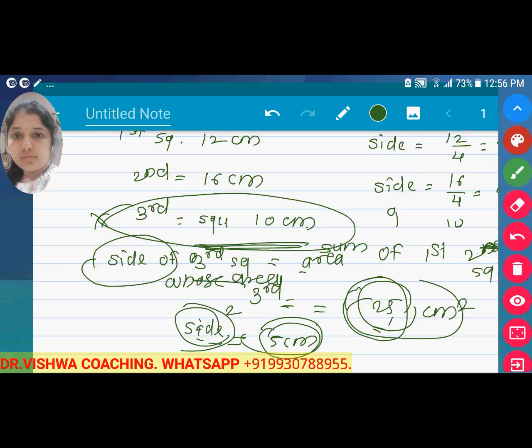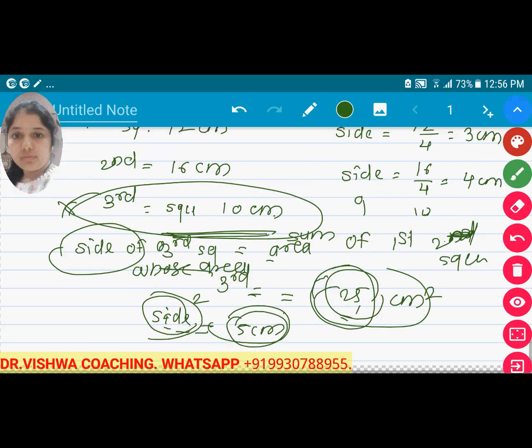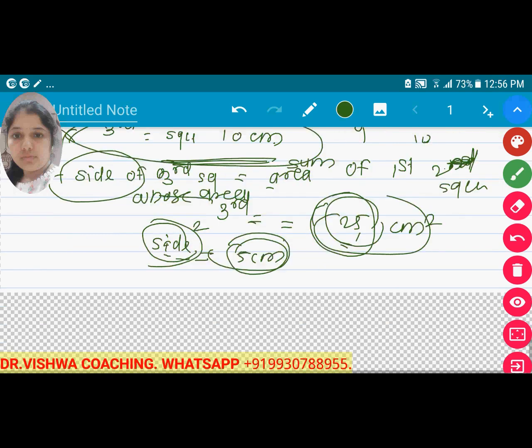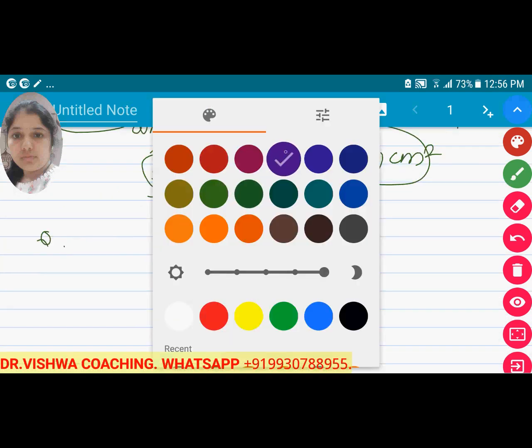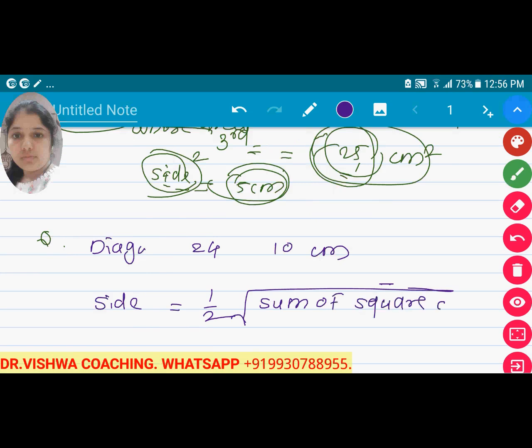Now in the given question, we know the diagonals of the rhombus, which are 24 and 10 centimeter. For the side of the rhombus, the formula is side is equal to 1 half into the under root of the sum of the squares of the diagonals.